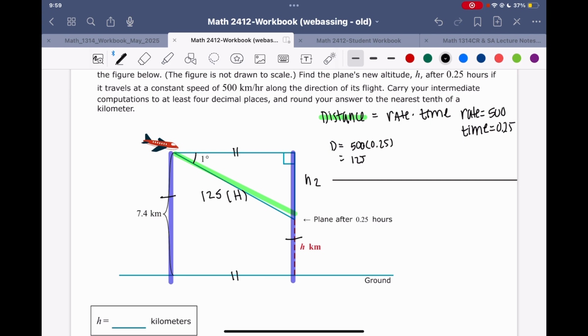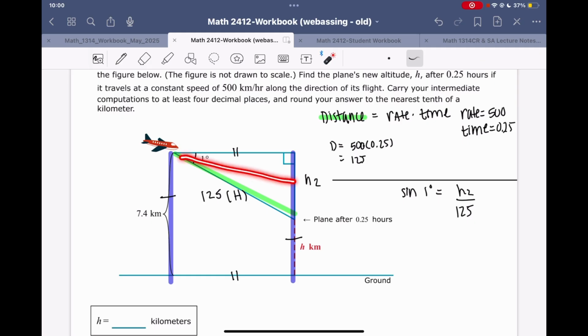So we're going to take the sine of 1 degree equal to H2 over the hypotenuse of 125. Because as it goes, the sine, this is the opposite, and this is the hypotenuse. So H2 is also known as the opposite side. So right here, we're going to cross multiply.